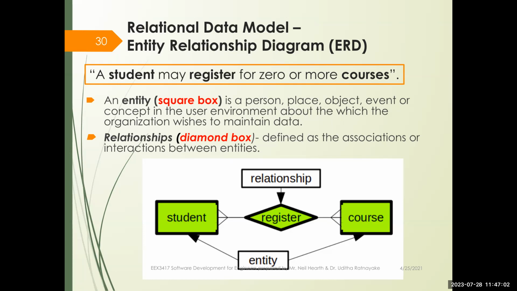So here, student and courses are called entities. How to represent this business rule as an entity relationship diagram: we take only the nouns from this sentence as entities.